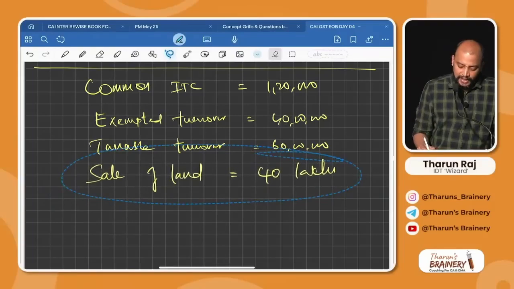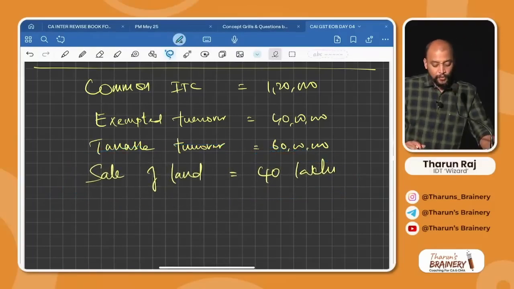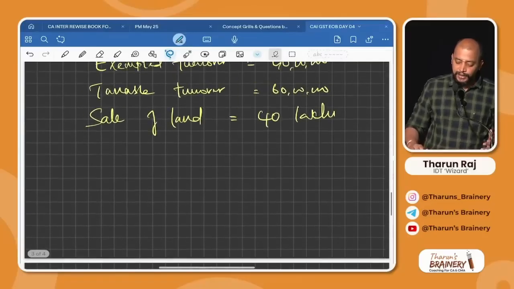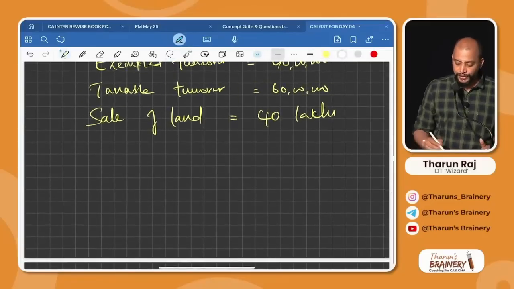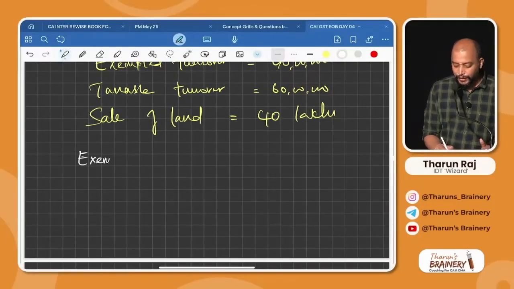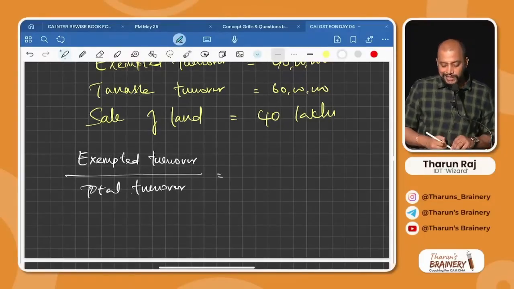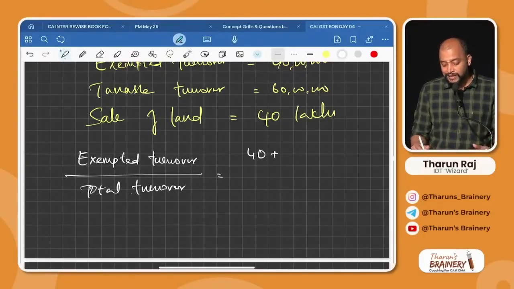Actually, sale of land is not a supply, but what happens because of this? My exempted turnover to total turnover ratio, exempted turnover by total turnover. Exempted turnover is now 40 plus 40.